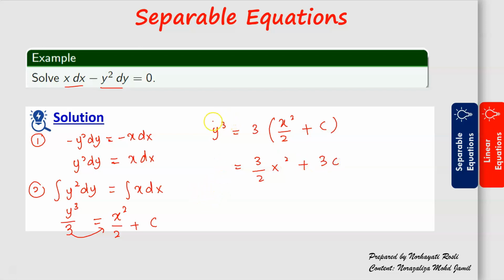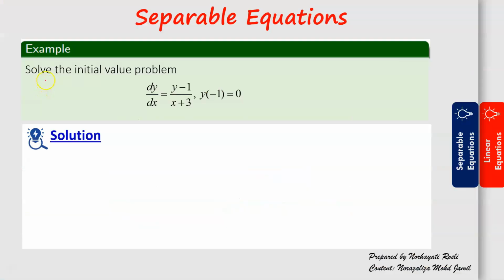And then remember this side should be in terms of y only. We have power 3 here. Move this to this side, we'll get y equal to 3 over 2 x to the power of 2 plus 3c, all to the power of 1 over 3. Because here is power 3, you move it to this side, so it becomes 1 over 3. This is the final solution for this example.